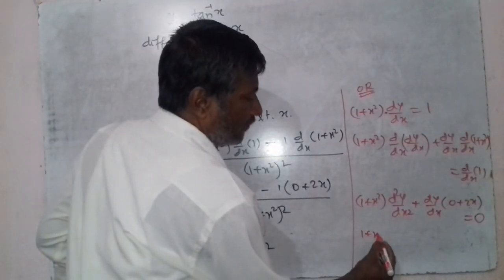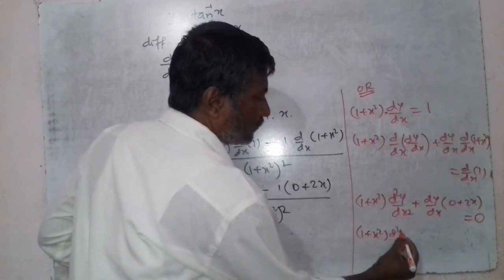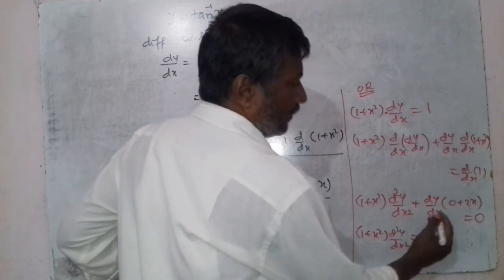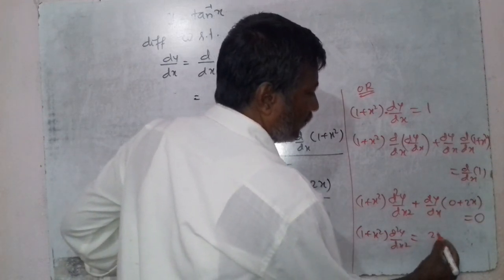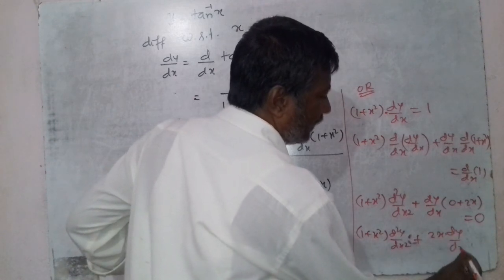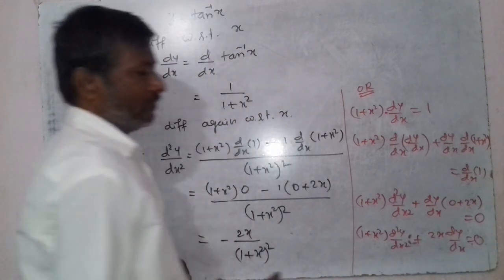Therefore 1 plus x square d square y by dx square plus 2x dy by dx equals 0.